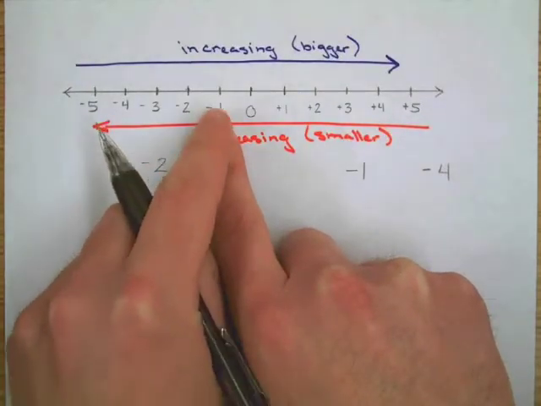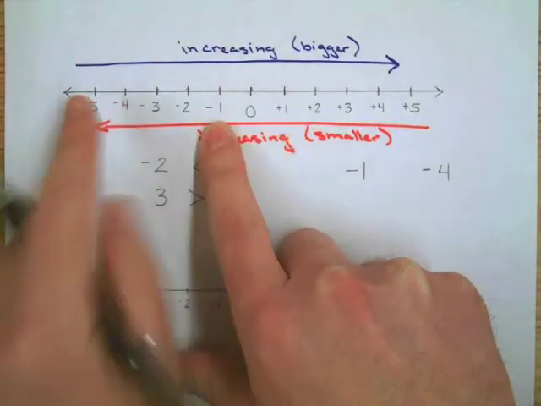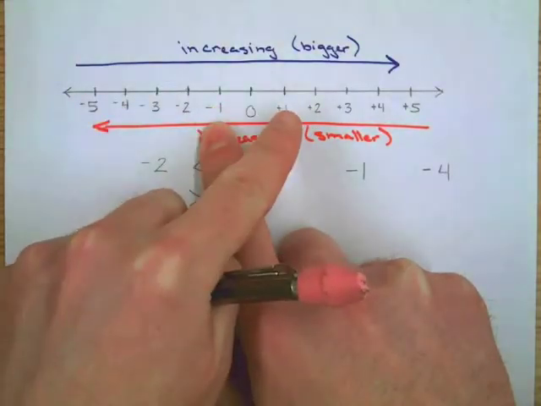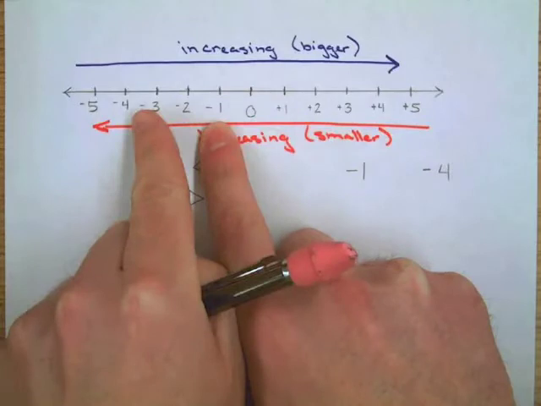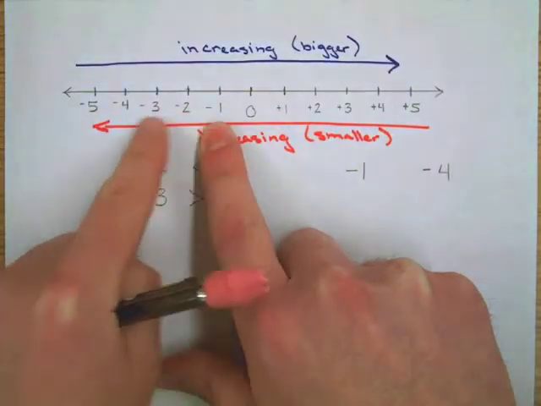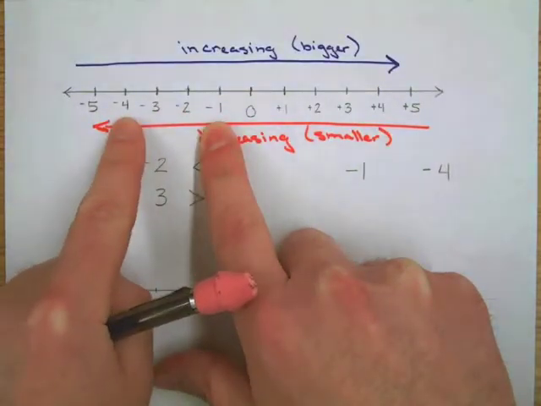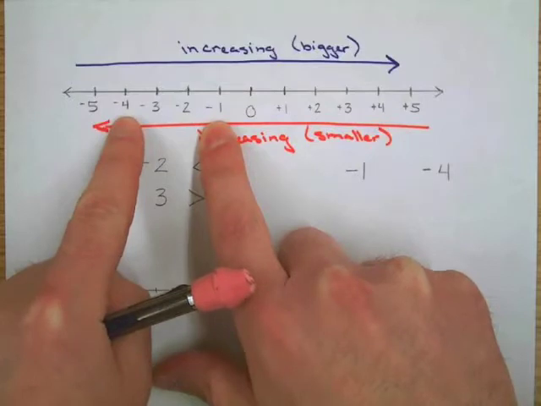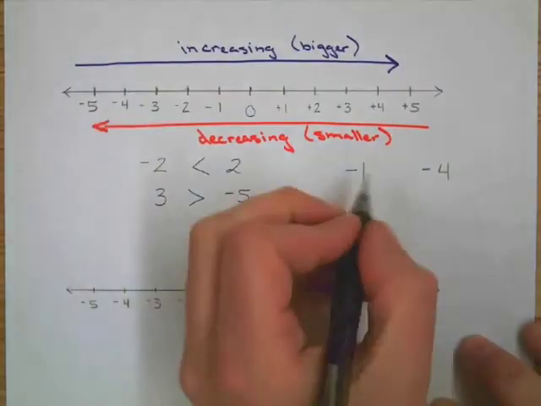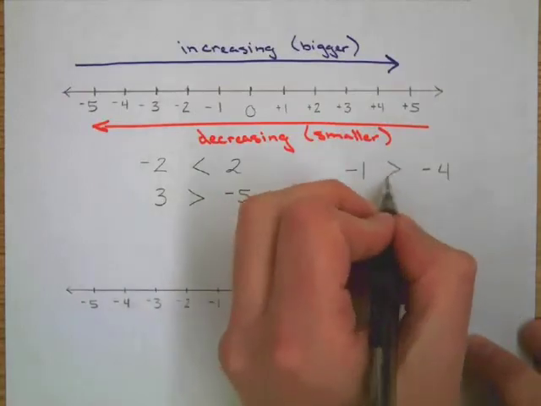Am I going to go to the right or to the left? If I go to the right, I'm getting bigger. If I go to the left, I'm getting smaller. Well, -4 is to the left of -1, so it's actually smaller than -1. So -4 is less than -1, or we could say -1 is greater than -4.